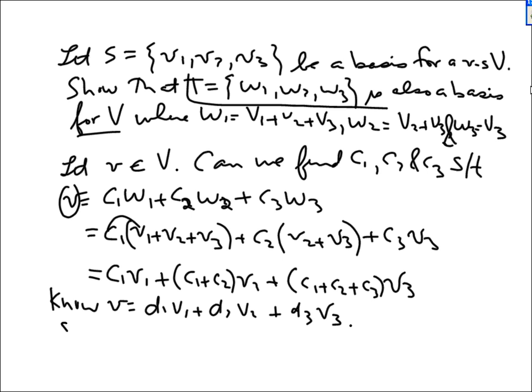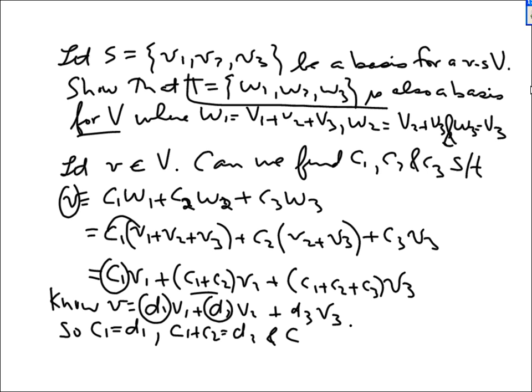Okay, so C1 can equal D1, and C1 plus C2 must equal D2, and C1 plus C2 plus C3 must equal D3. So C1 is D1. Bringing this over to the other side, C2 is D2 minus D1.